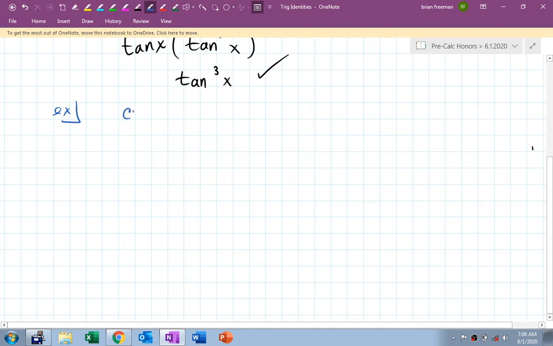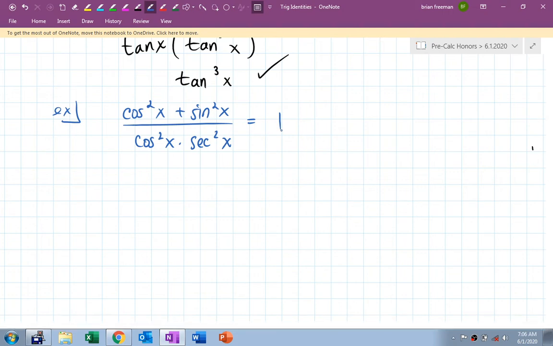Let's do cosine squared x plus sine squared x over cosine squared x secant squared x equals 1. So we need to somehow turn the left side of the equation, that fraction, into 1. And your work is the solution.